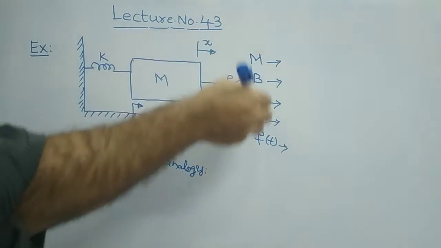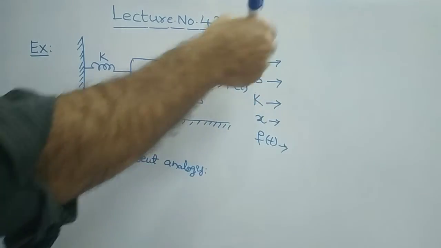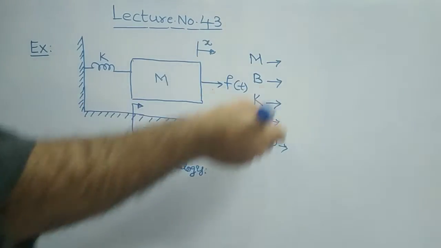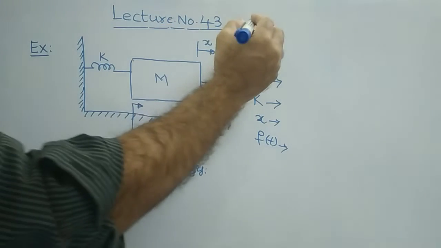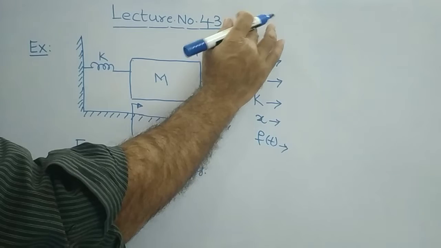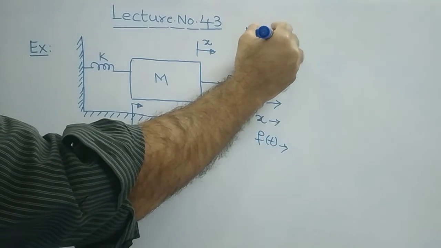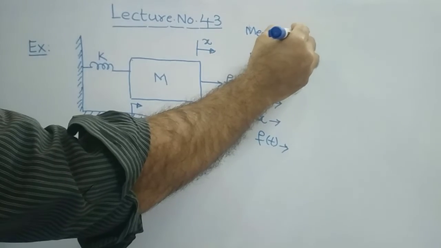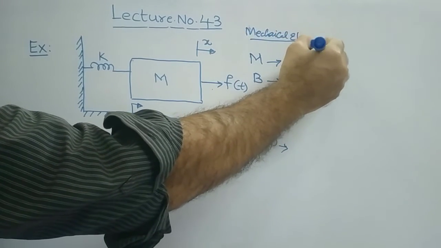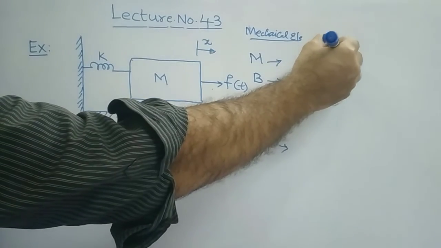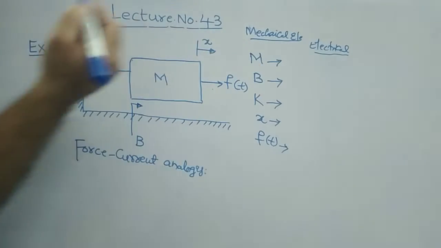So how will these mechanical elements be converted? What are the equivalent electrical elements for this mechanical system? In the force current analogy, these are the mechanical elements, and correspondingly, what are the electrical elements?